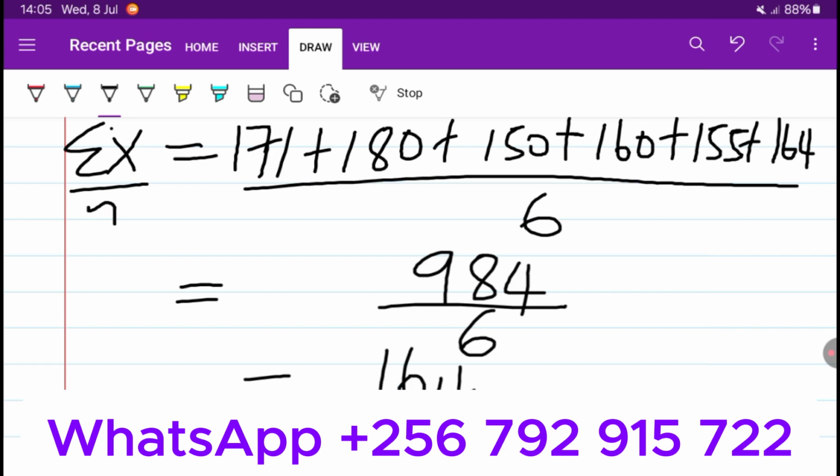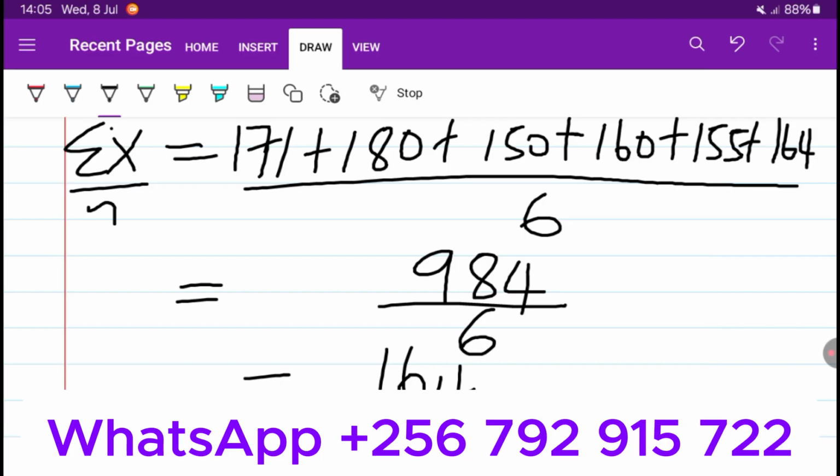That is the average. They have not given us any units. They have not told us that this height was measured in centimeters or in feet, so we leave it.